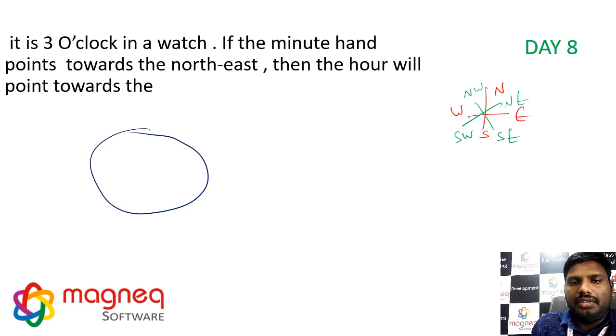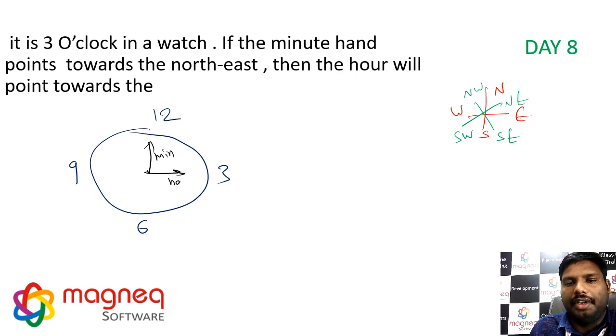Given information: clock 12 o'clock, 3, 6, and 9. 3 o'clock. So, minute hand, hour hand. From the data, the minute hand points towards the northeast.